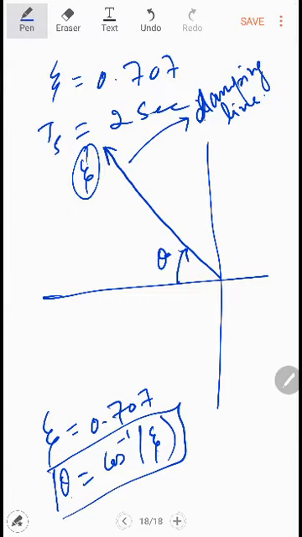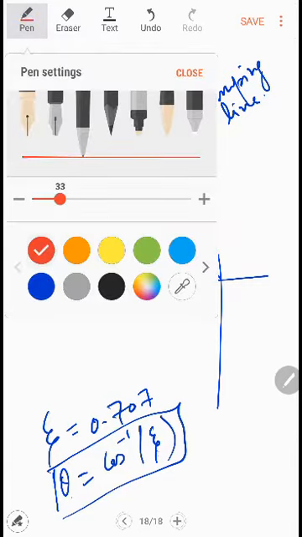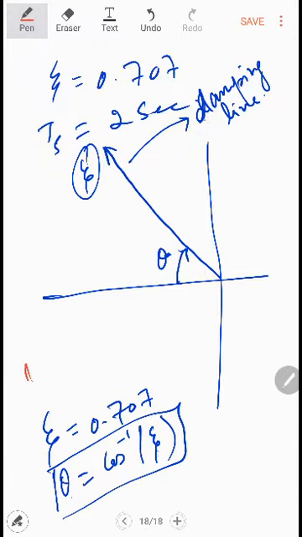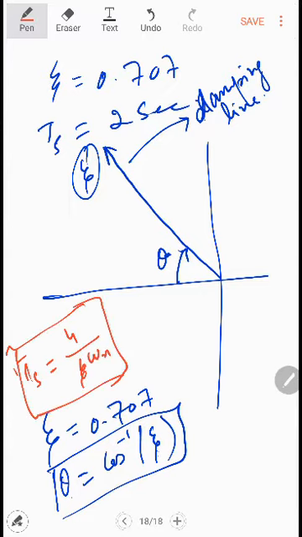The second thing is the settling time. Remember that the settling time is given by Ts equal to 4 divided by zeta omega n. This zeta omega n is along the real axis.